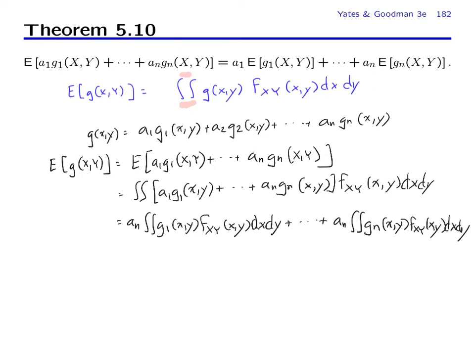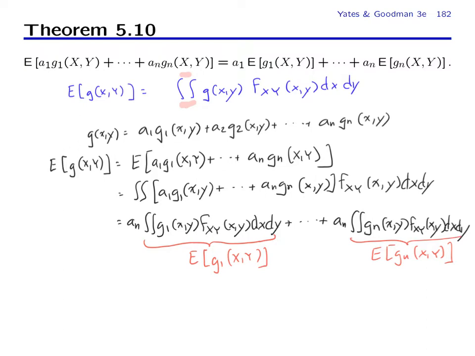And now this expression, of course, here, is the expected value of g1 of x and y. And this expression here is the expected value of gn of x and y. And the thing to remember here is you don't really want to do this derivation ever again.